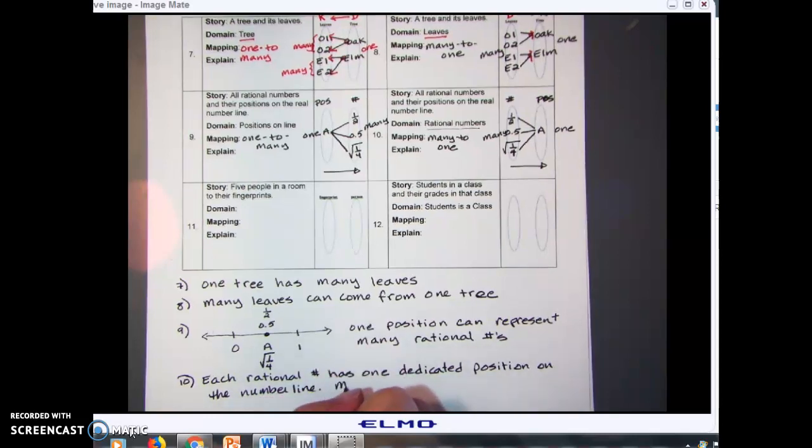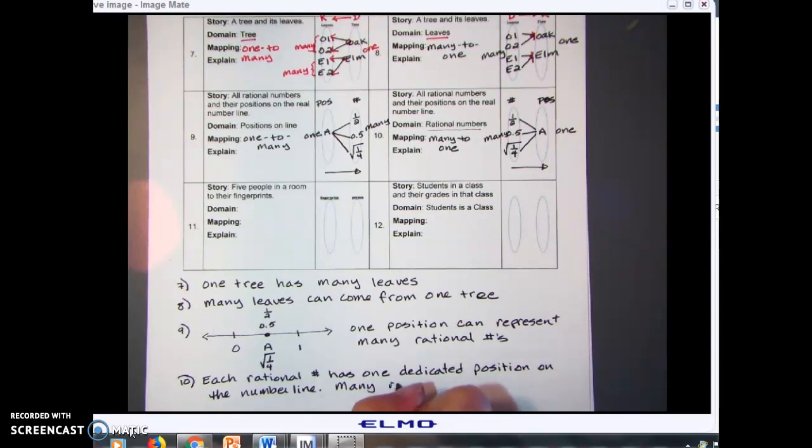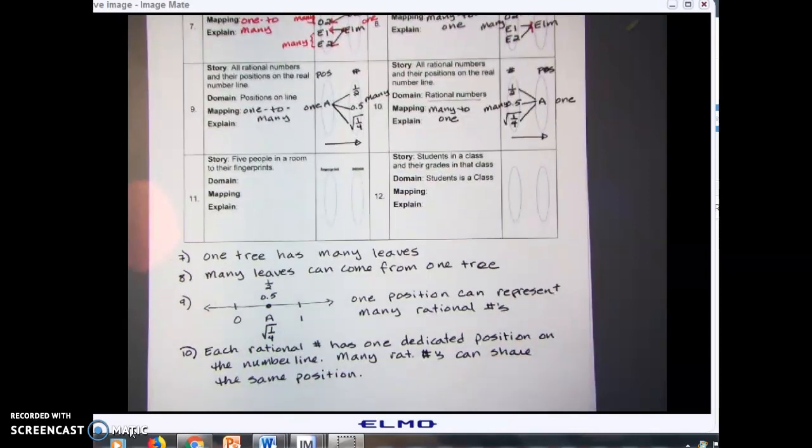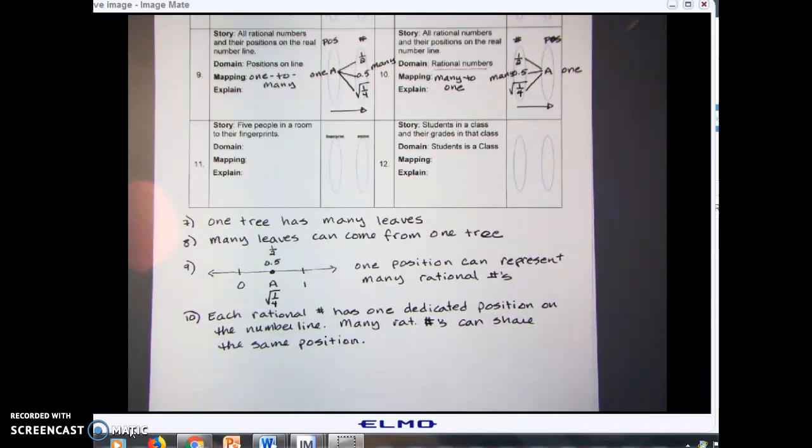And then notice that many rational numbers can share the same position. I'm sure there's a way to shorten that up, but with my morning brain right now, that's the best I can come up with.